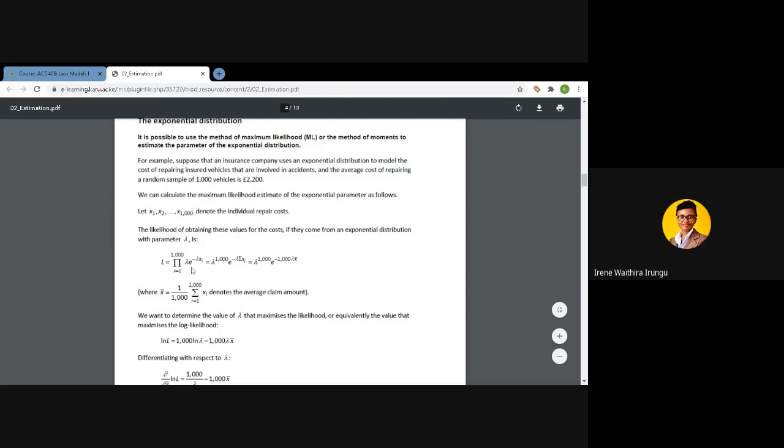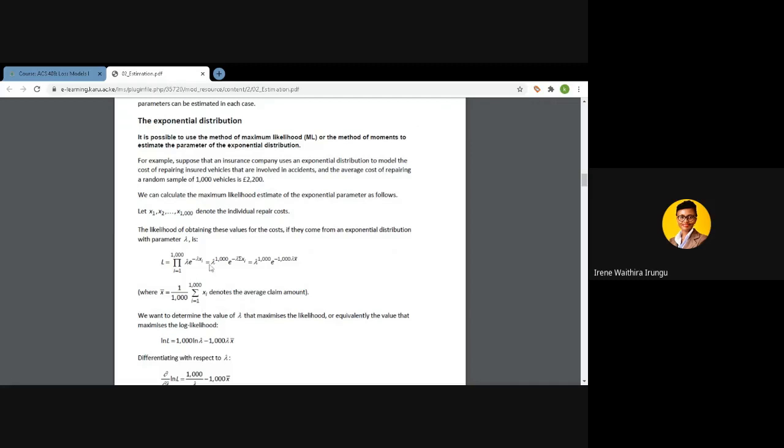We can now multiply our PDF over the entire sample size, and our sample is of size 1000. So we'll be taking the product of the PDF from i equals 1 to 1000. Our i is going to be affecting the random variable, which in this case is x, representing the claim size, or the cost of repairing the vehicles.